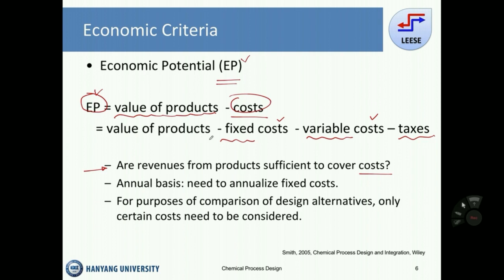Then the problem is that when you're looking at this economic potential, we have a slight problem in terms of putting the numbers into these equations. If you're looking at the value of a product against cost, then we may not have the same unit. What is the capital cost unit?